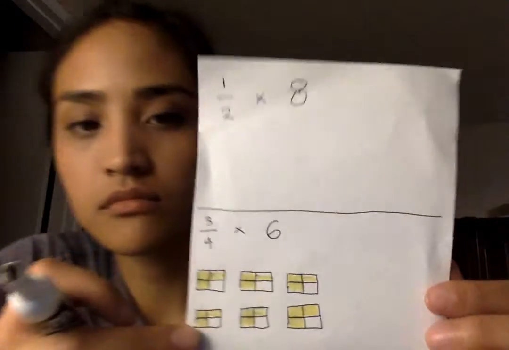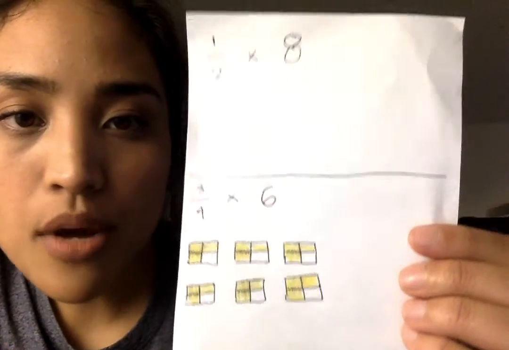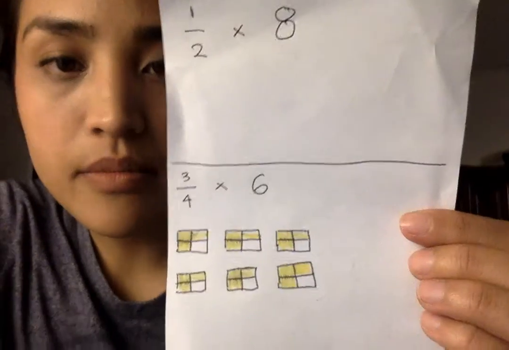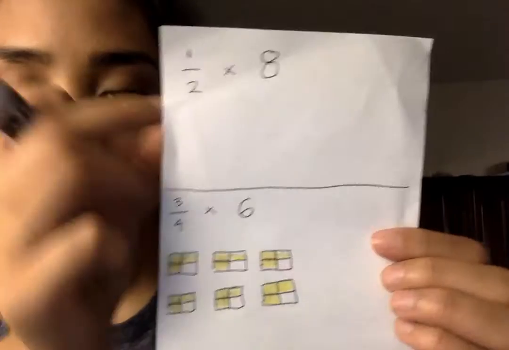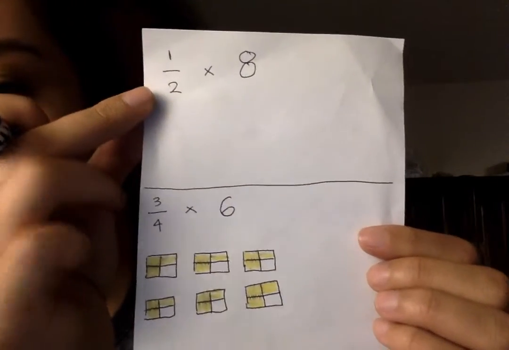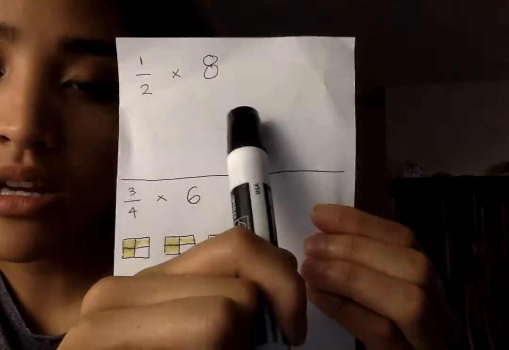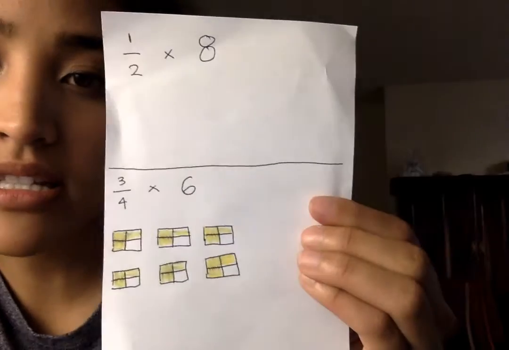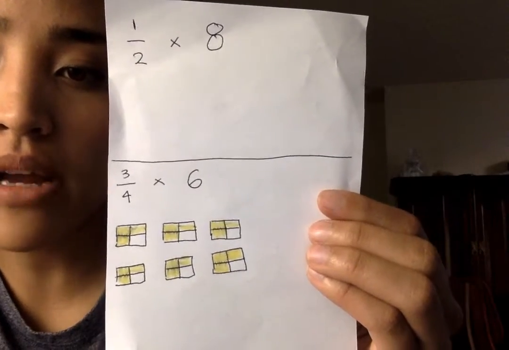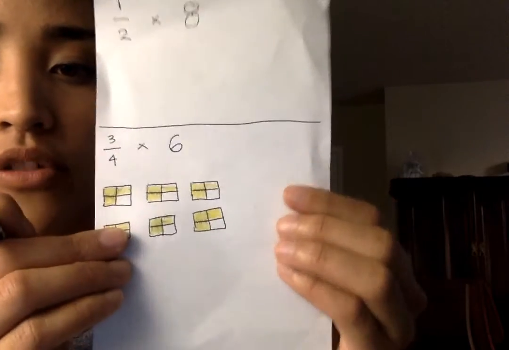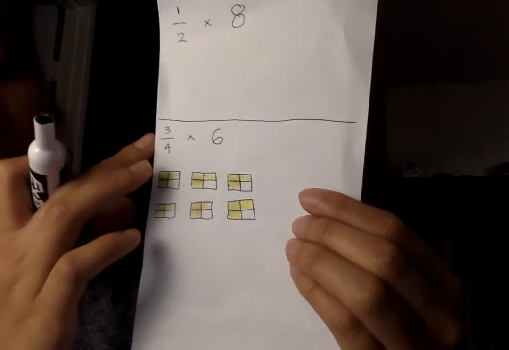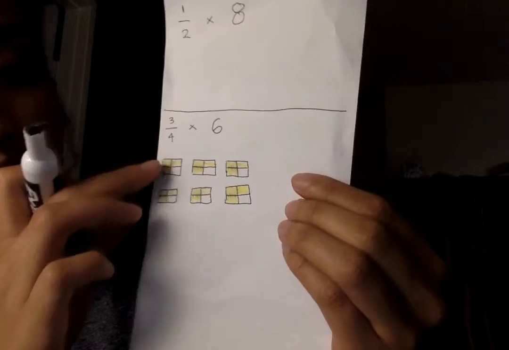Okay, time for your practice problems. Here are your practice problems. I want you to do 1/2 times 8, and I want you to show me using the pictures to solve that one. And then over here, 3/4 times 6.